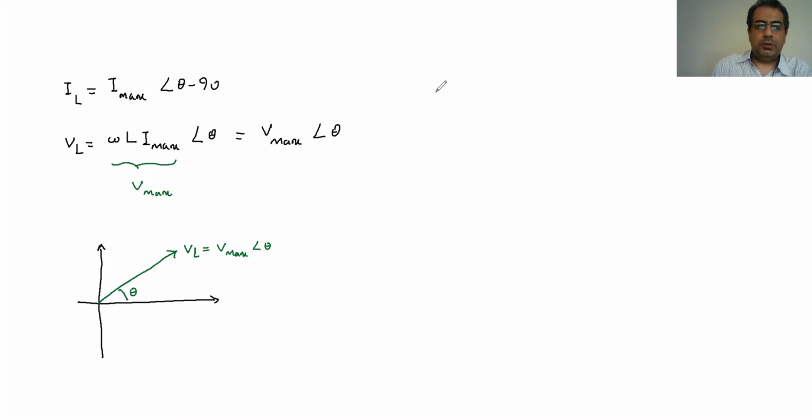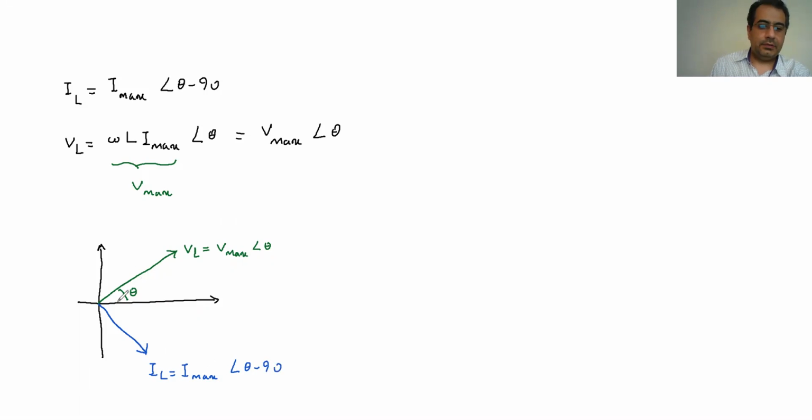Now, if I want to draw this, IL is the Imax with theta minus 90. So if it is theta, I go ahead and minus 90 degrees. So it's going to come something like this. Let me draw it a little. So if I have this one, it's going to be IL, which is Imax with theta minus 90.